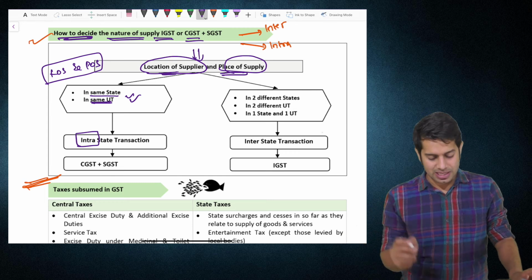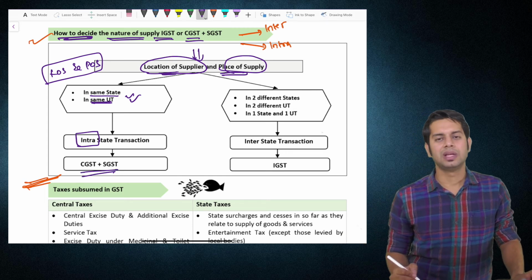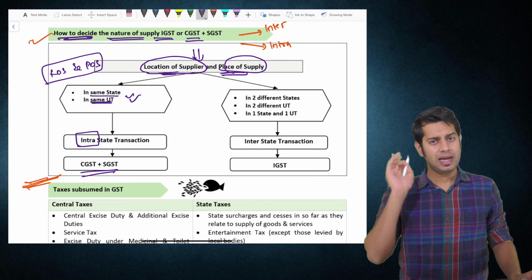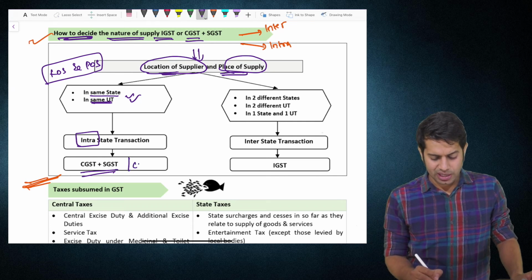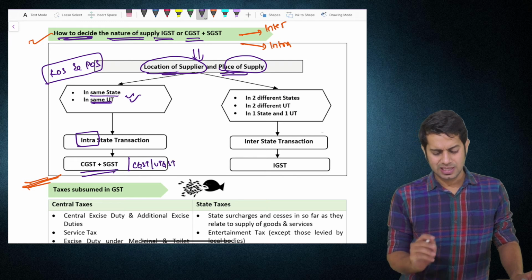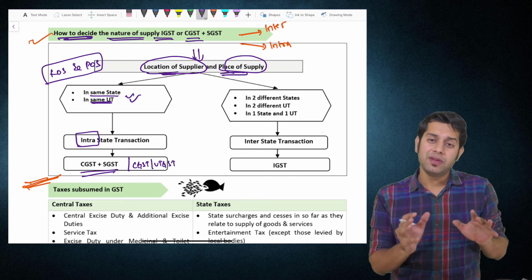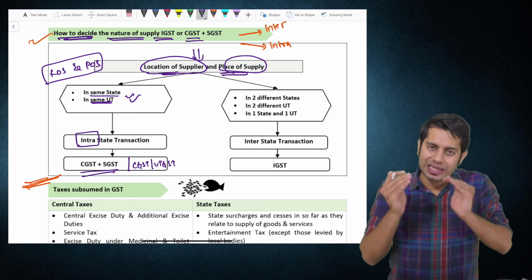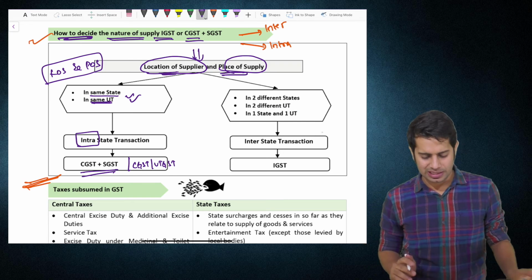If it is an intrastate supply, you are going to levy something called CGST and SGST. If it is intra-union territory, CGST and UTGST. Please note, under GST, if a supply is made within the same union territory, that is also called intrastate supply only.